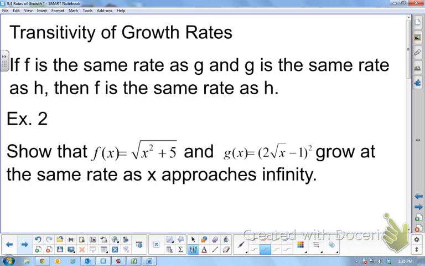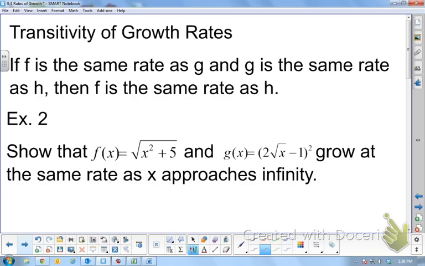So if f is the same rate as g and g is the same rate as h, then f is the same rate as h. So the reason we need this is because sometimes when we try to compare two functions as they are, we don't get very far.